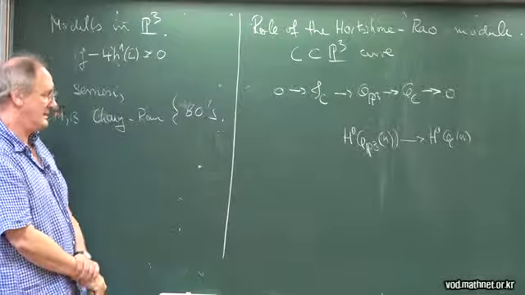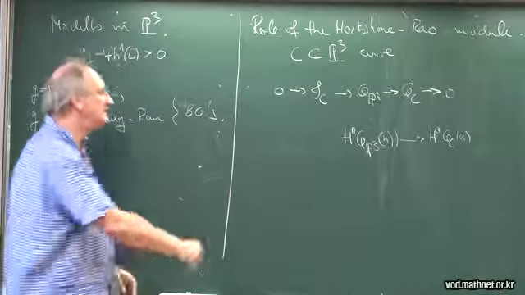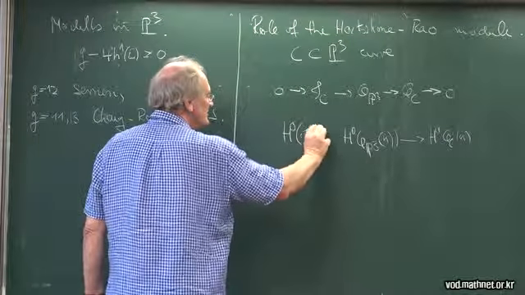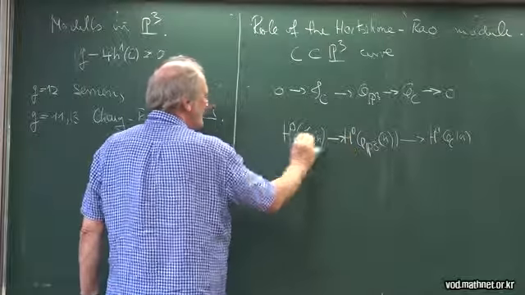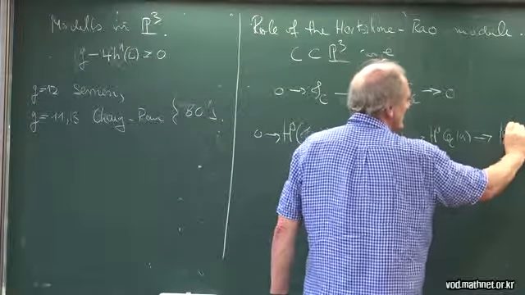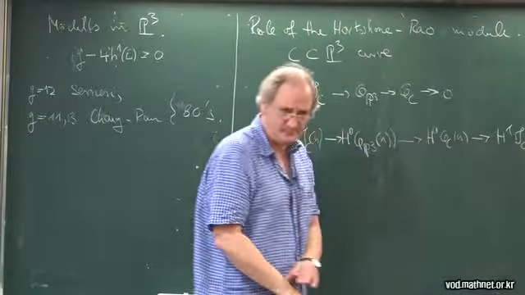This map may or may not be surjective. The kernel is the ideal, H0 of the ideal sheaf in degree n. And the cokernel is H1 of I_C of n, and then we have 0.